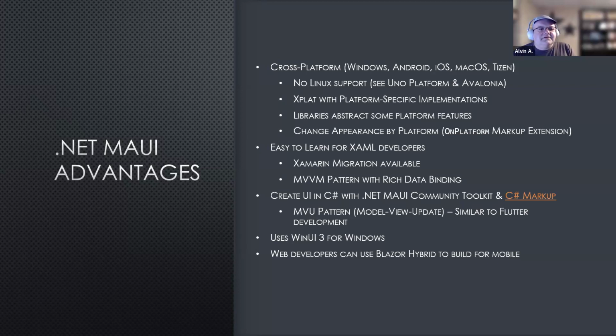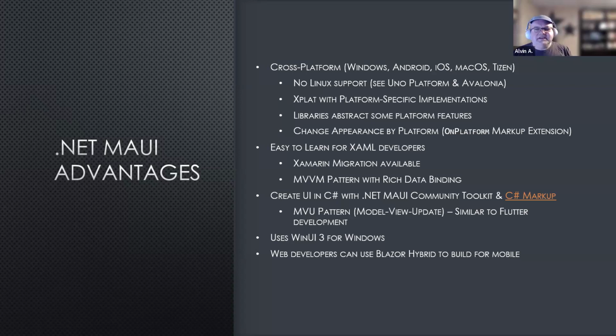If you've built other XAML apps, .NET MAUI is pretty simple to pick up. The XAML and control names vary a little bit, but it's the same concepts as all the other XAML frameworks. It supports MVVM for your separation of concerns and doing your data binding. And if you don't like XAML, MAUI has the ability to create the UI entirely in C# using C# Markup in the .NET Community Toolkit.